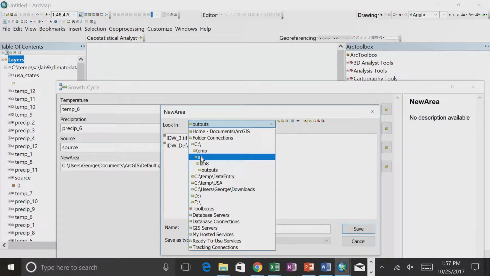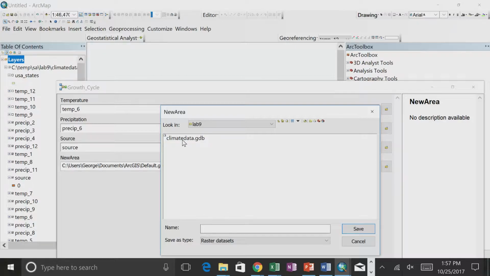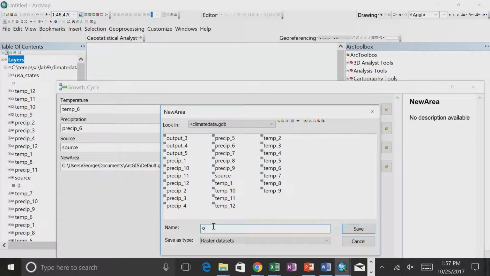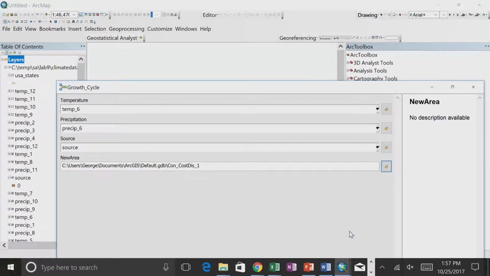I'm going to go temp lab 9. I'm going to put it in the same folder. I'm going to call it output_6. And it stands for output of June, where it got to in June. All right. So save that.